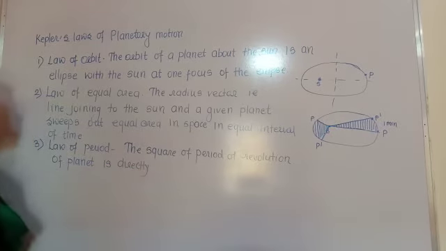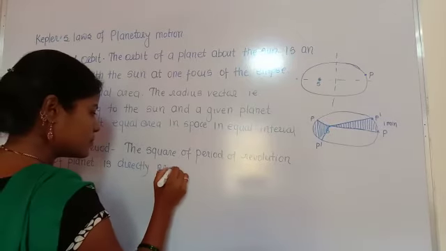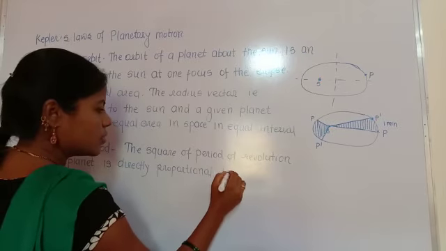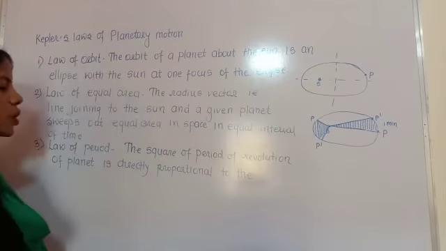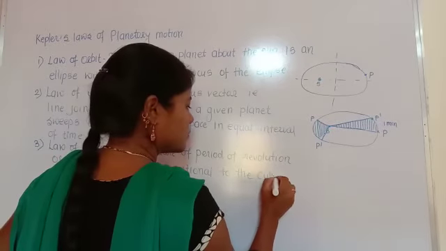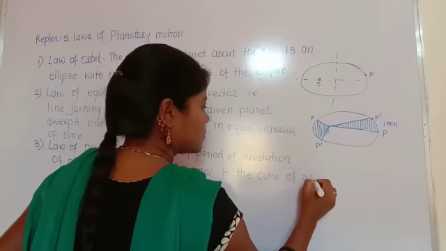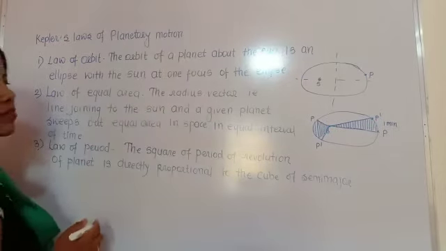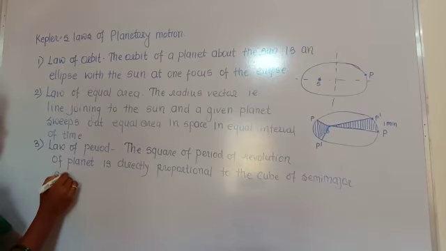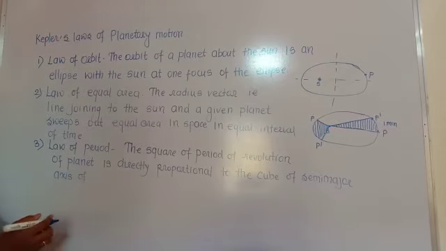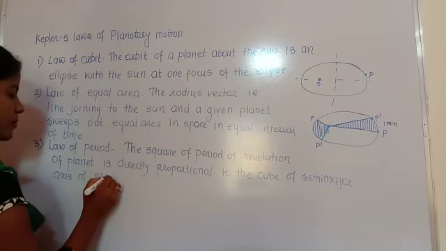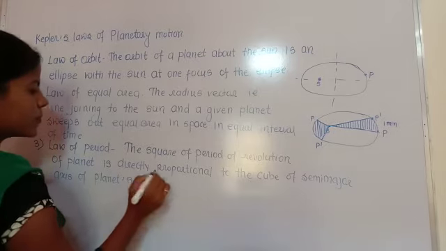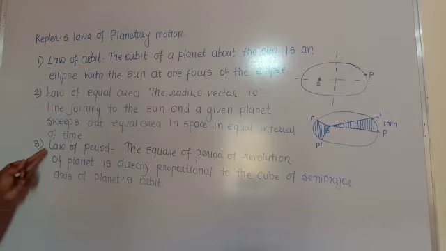is directly proportional to the cube of the semi-major axis of the planet's orbit. So this is the third law, the law of period.